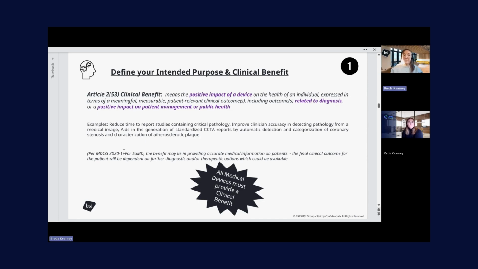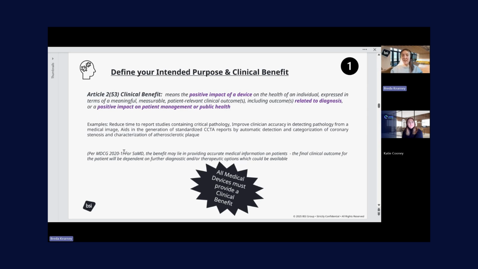And it's the subsequent medical devices that are used to treat the patient that actually provide the patient-relevant clinical outcome.